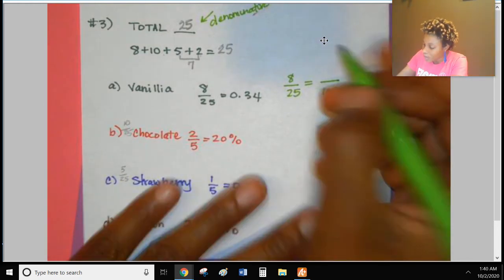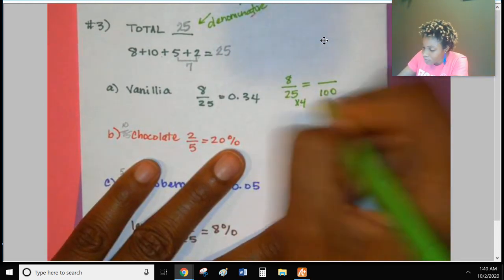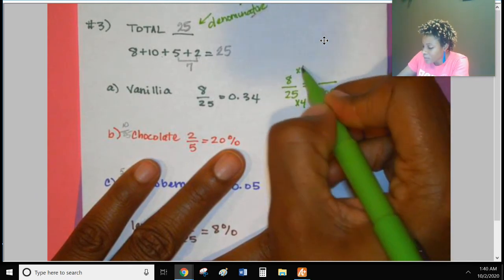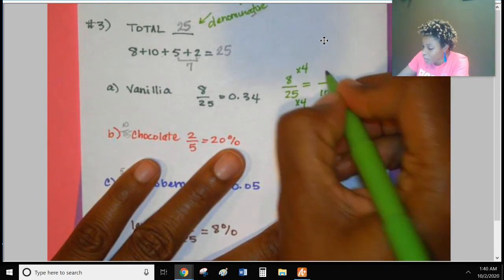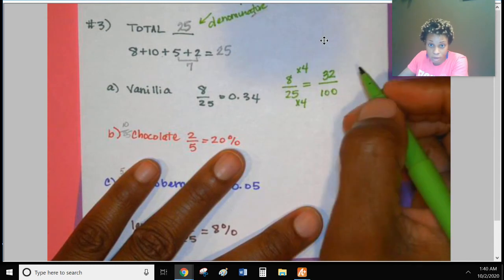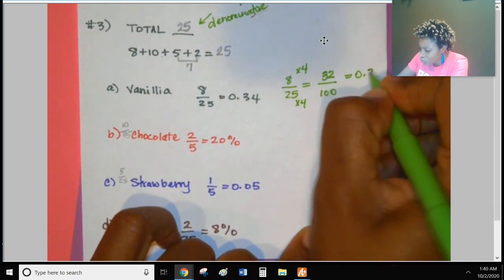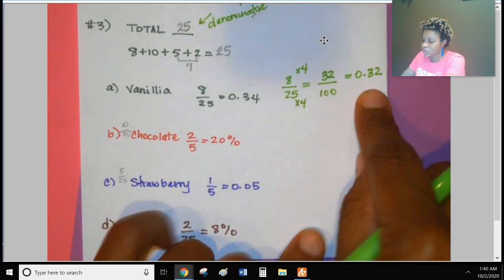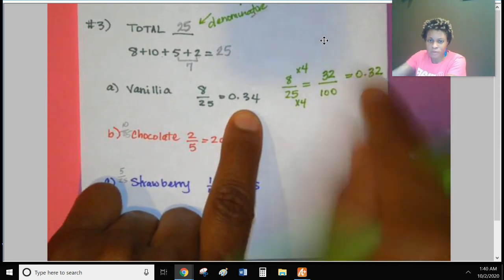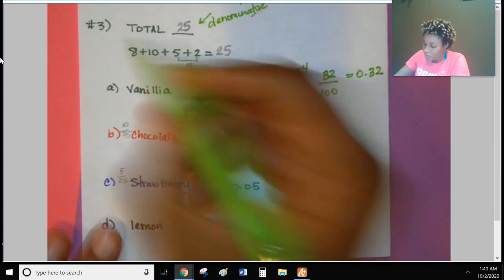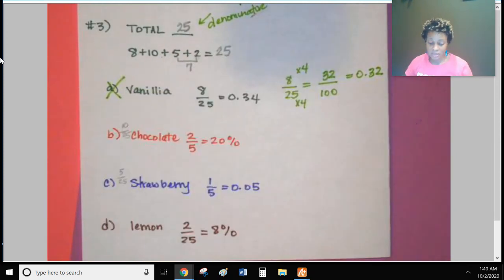So if I multiply 8 times 4, what will that give me? 32, okay? So as a decimal, that would be 32 hundredths, and the other is 34 hundredths. Are those alike? No. So is A right? No, A is not right. They do not match up, okay?